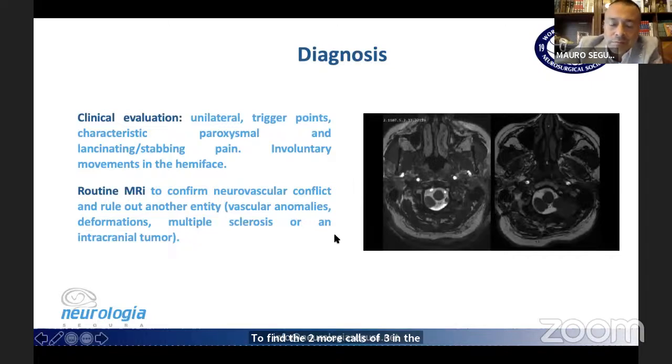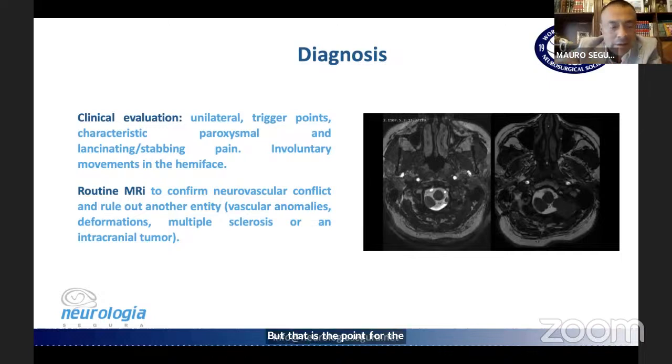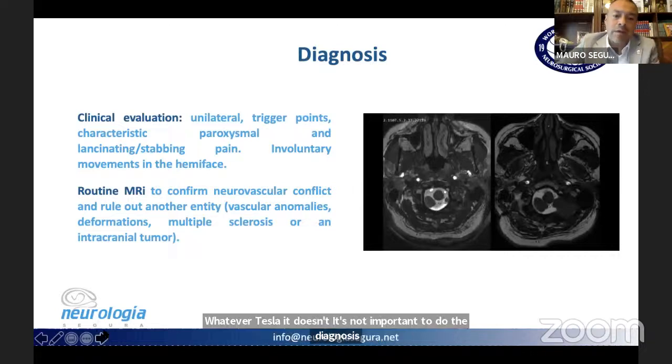It's much less frequent, around 10%, but it's very important to find a small or big tumor, a benign tumor like an epidermoid, or a malignant or aggressive tumor. But that is the point of the MRI. No matter if it is 1, 3, 9, whatever Tesla, it's not important for the diagnosis. The diagnosis is made only with the clinical data.